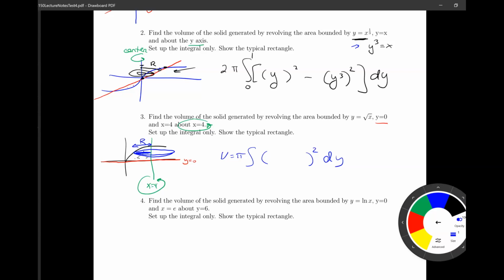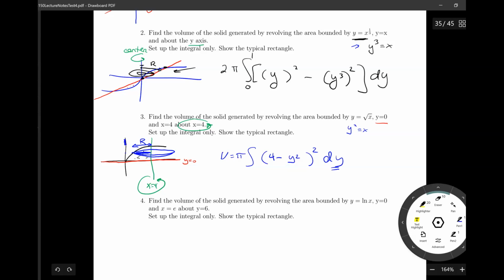Everything gets measured from the y-axis, from here. So I go all the way out to 4, and I subtract off the function. I might be tempted to put in root x, but then you remember I can't, because I've got dy. So if I solve this, I get y squared instead.